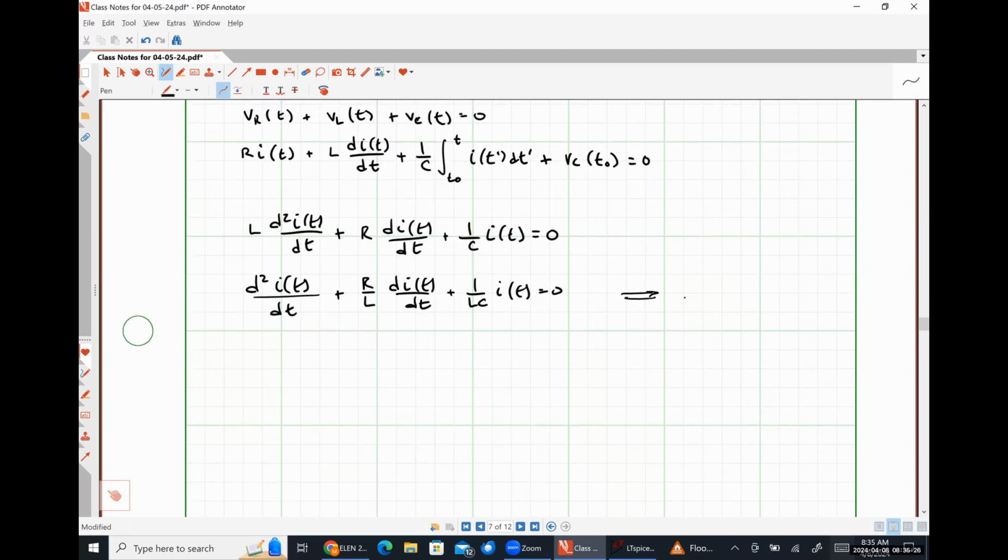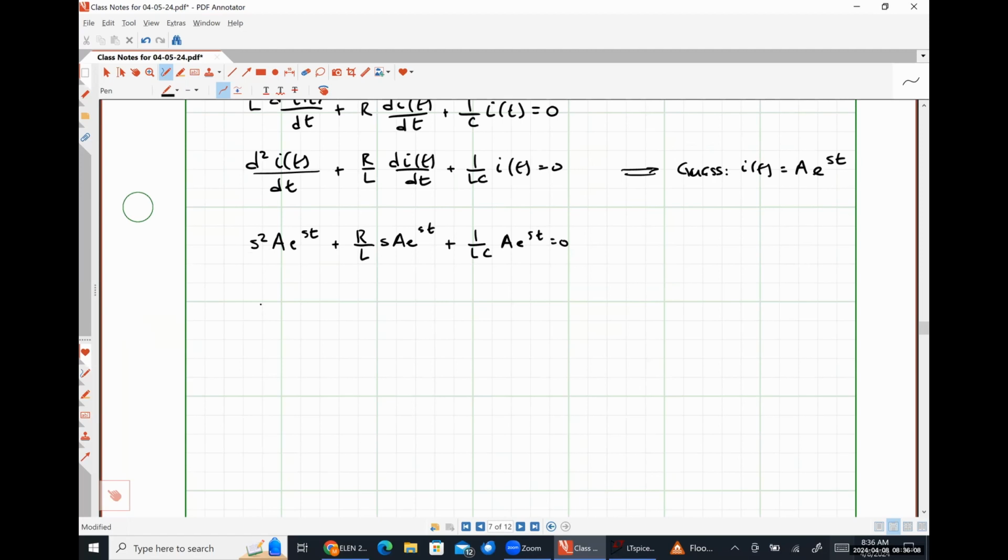And once again, we are going to guess. In this case, we're going to say that we think I of t is of the form A e to the st, the exact same guess value that we did for our parallel RLC circuits. And from this, we're going to wind up having s squared A e to the st plus R over L times s A e to the st plus 1 over LC times A e to the st is equal to 0.